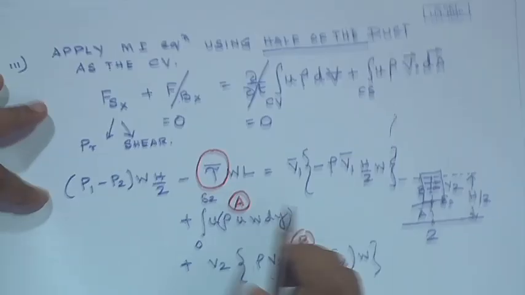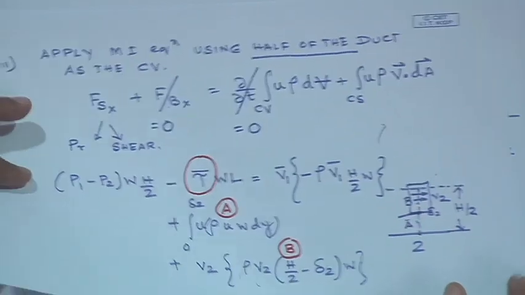So, therefore, with the expression that I have here, I am going to find out what is tau WL.